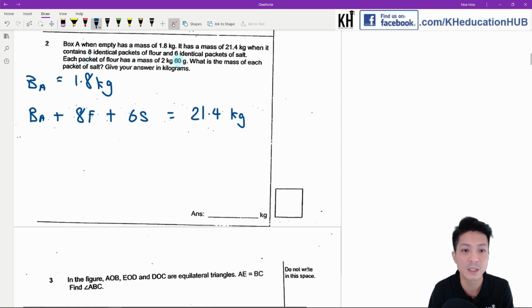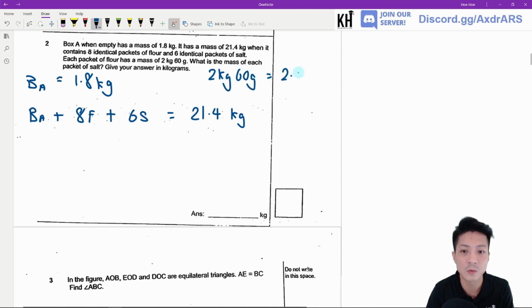Each packet of flour has a mass of 2 kg and 60 gram. So we need to know that 2 kg and 60 gram is equal to 2.06 kg.